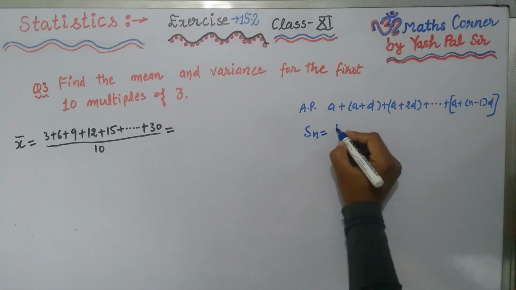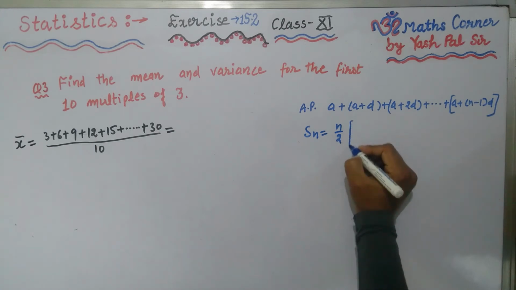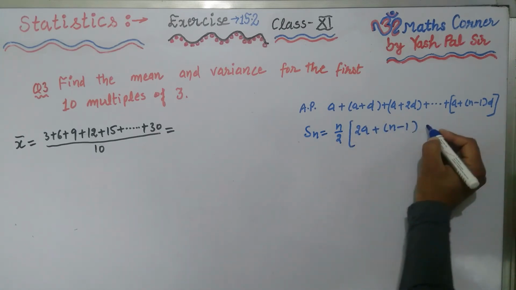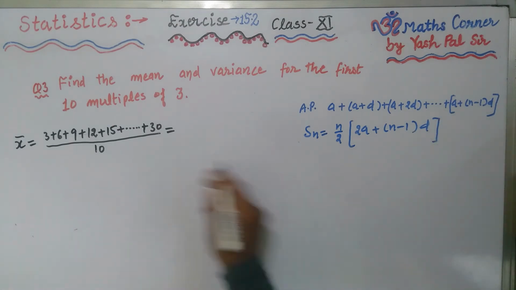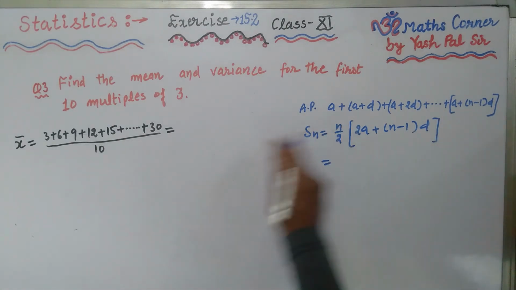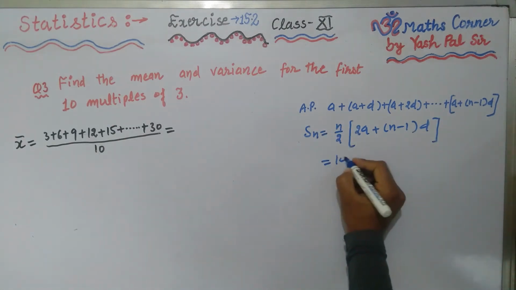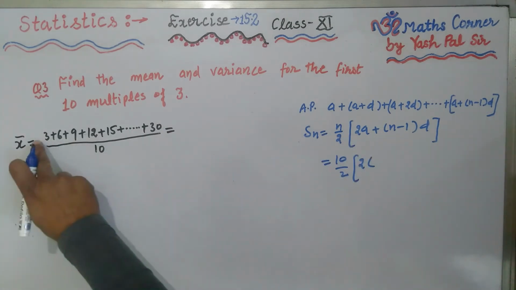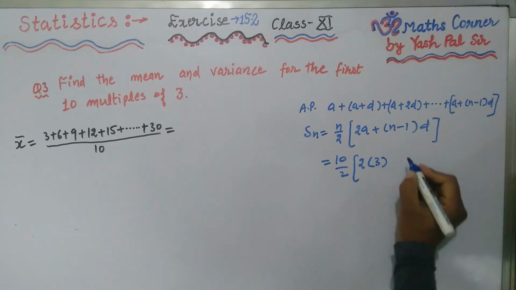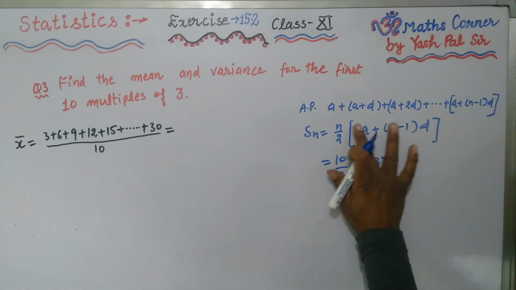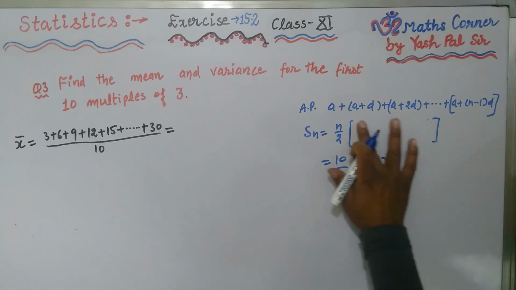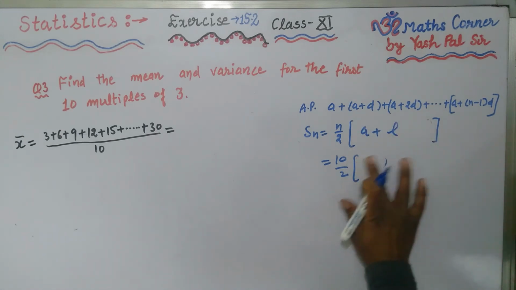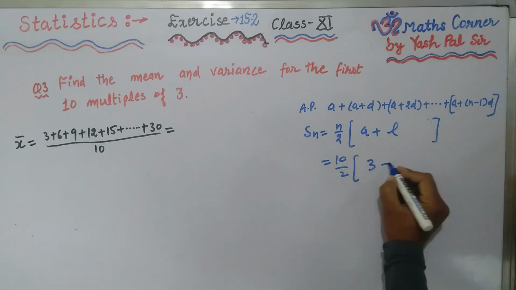Sn is equal to n by 2 into 2a plus n minus 1 into d. So here n means 10, 10 by 2 into 2 into a, the first term, is 3 plus... one more formula is there: a plus l. So what is a? This is 3, and what is l?